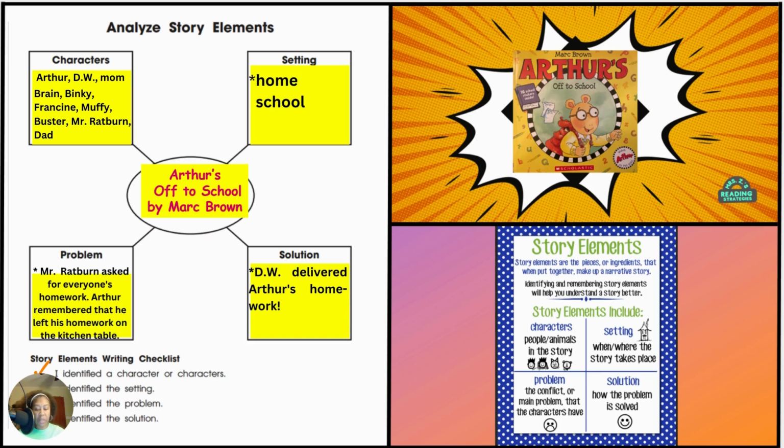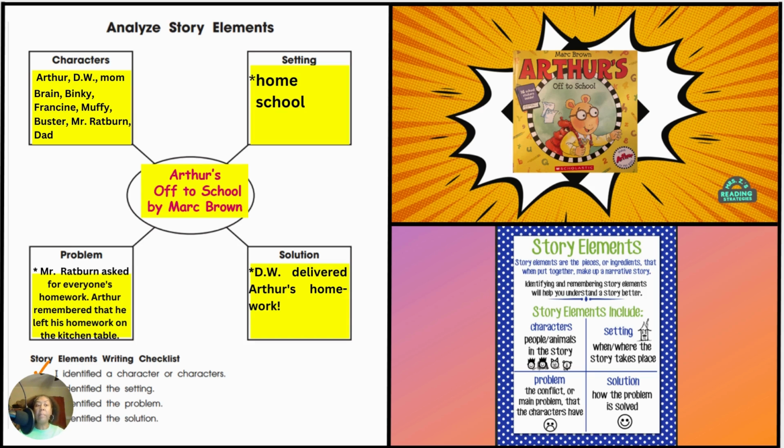The first thing we would look at in analyzing story elements are the characters, because you want to know who's in the story or what's in the story. Now, characters can be people or they can be animals. So, who are the main characters in the story? Authors Off to School. The main characters, if you remember reading, are Arthur, DW, Mom.